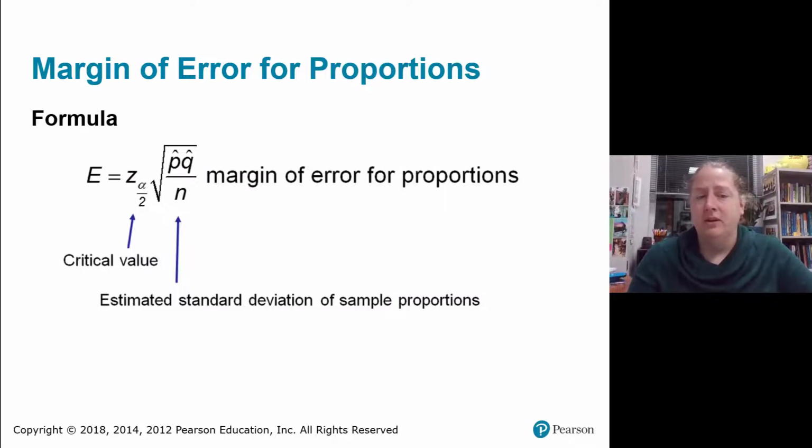That critical value is z sub alpha divided by 2, and our standard deviation of sample proportions, which we had a little while ago, is the square root of p hat times q hat, remember q hat is 1 minus p hat, divided by n, or sample size. And so this is the margin of error for proportions.